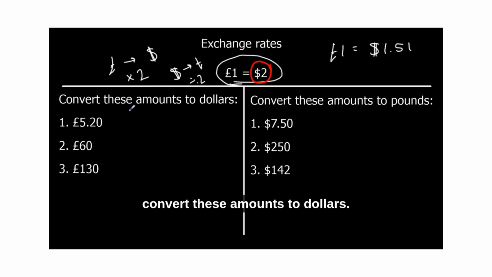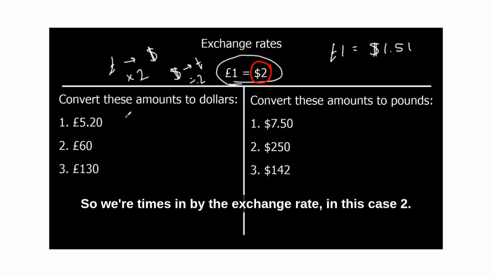So we're going to convert these amounts to dollars. Pounds to dollars is times by the exchange rate. We're going forwards, so we're timesing by the exchange rate, in this case 2.